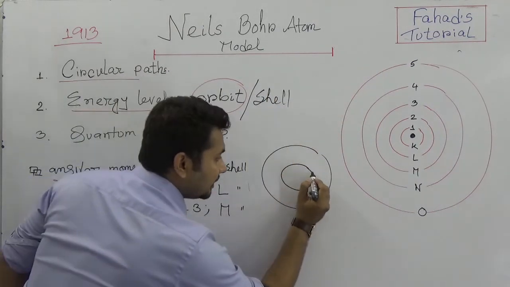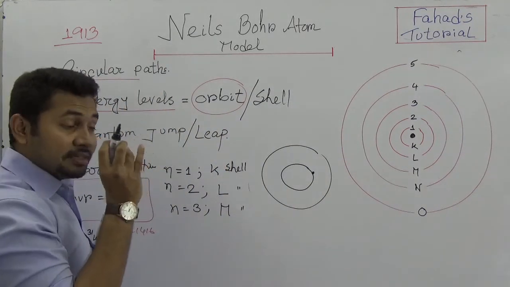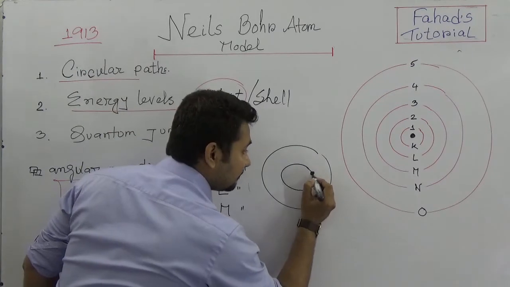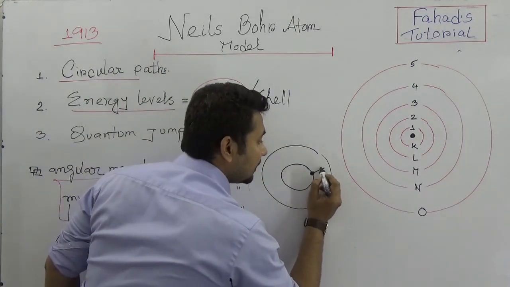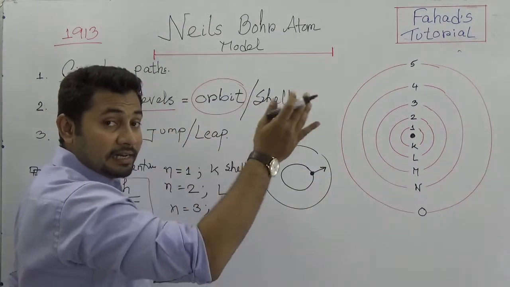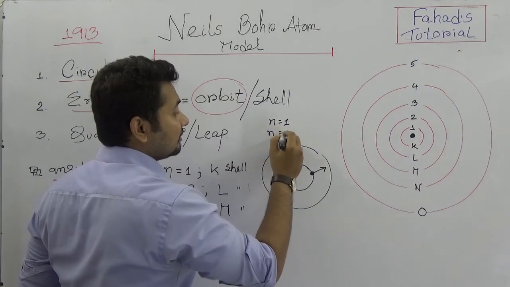If an electron absorbs a definite, fixed amount of energy, then it can jump to the higher energy level, that means from n equal to 1 to n equal to 2.